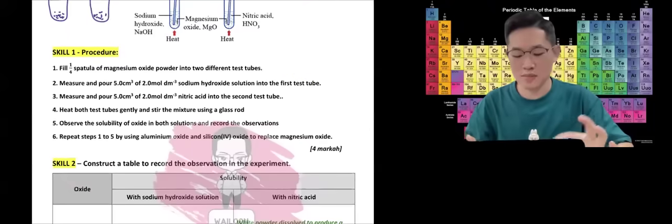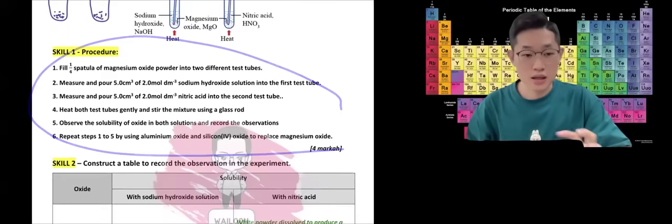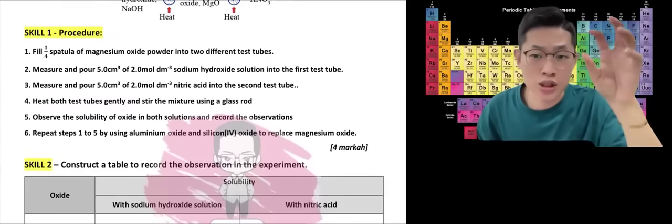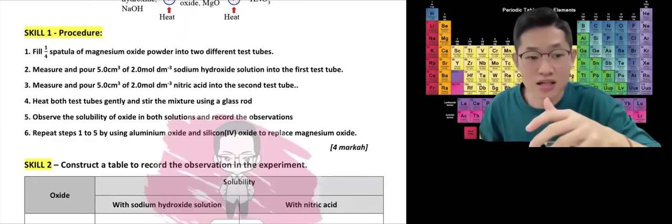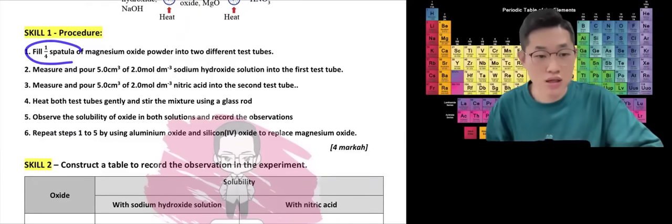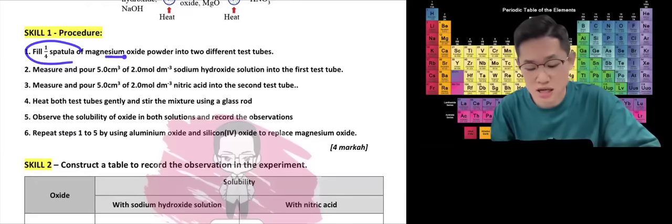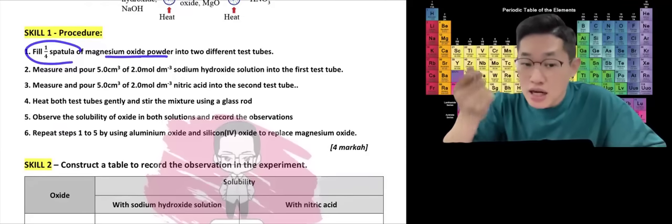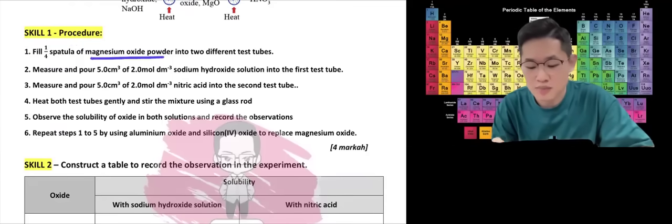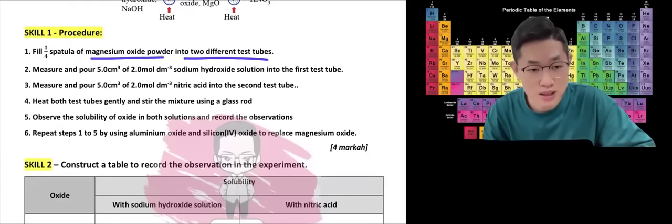Okay, so here comes the procedure. This is the procedure that I copied from the textbook and modified a little bit. Here in the textbook, it says fill 1/4 spatula of magnesium oxide, which is actually less than half spatula of the powder. You put it into the test tube.